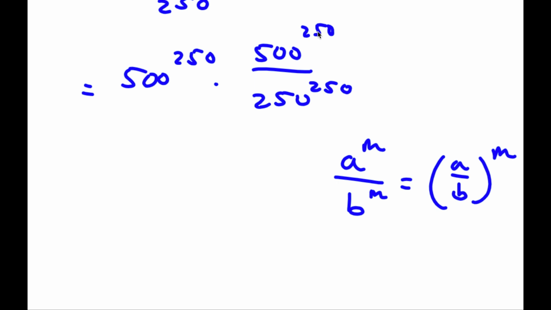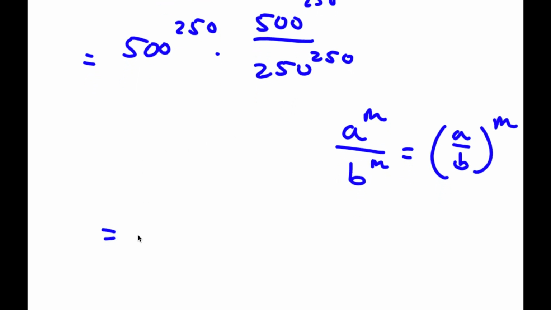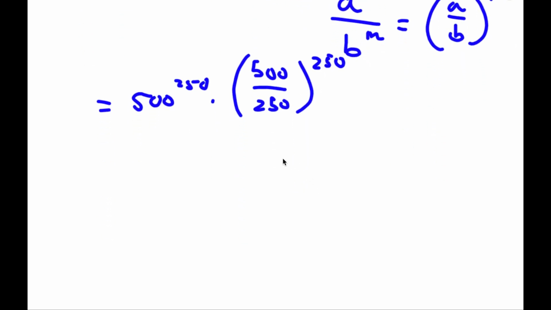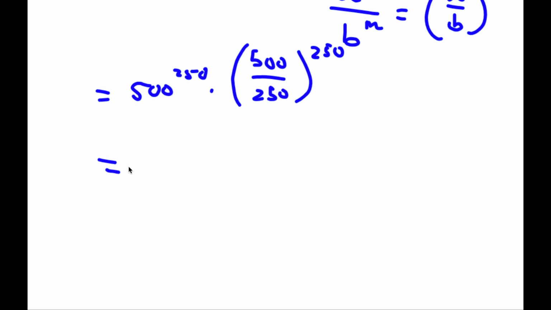So 500 to the power of 250 over 250 to the power of 250, that's going to equal 500 over 250 to the power of 250. And now 500 over 250, that's equal to 2. So now I have 500 to the power of 250 times 2 to the power of 250.